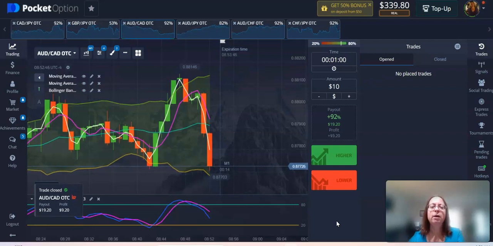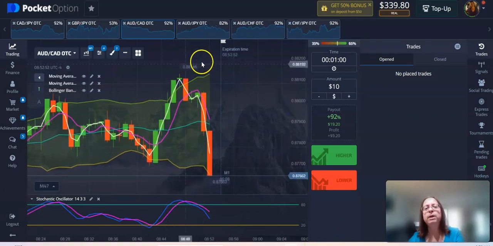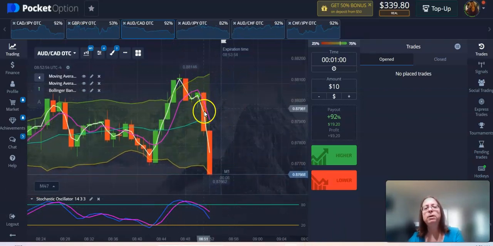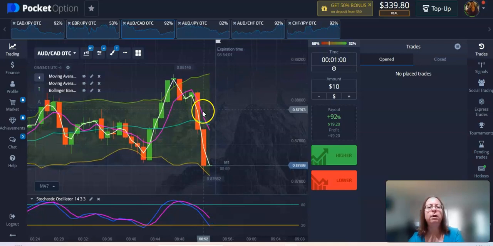And yay, closed in profit. So these were some really big movements here, and you can see this big sharp V here, and the purple line of the moving average crossed over and above the candles, and that's kind of what the moving average does.